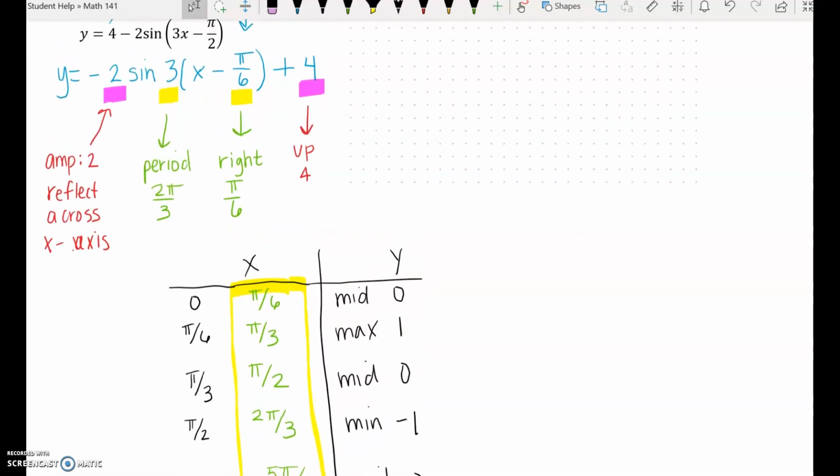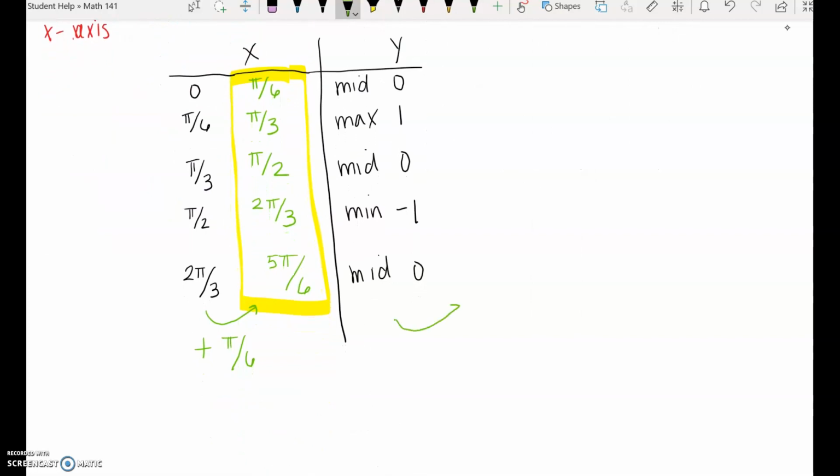But what we're going to do is reflect and amplify at the same time. So we're going to multiply each of those values by -2. So the zeros stay the same. This maximum point changes to a minimum, and this minimum changes to a maximum.